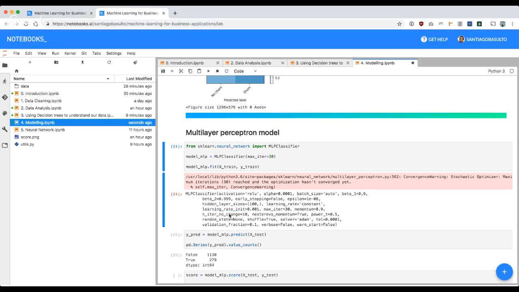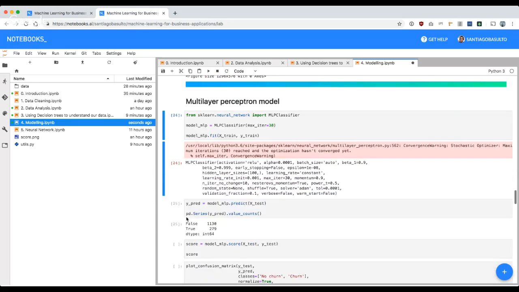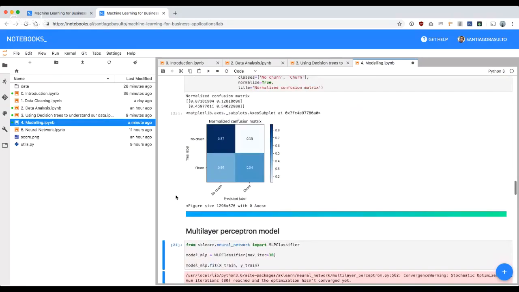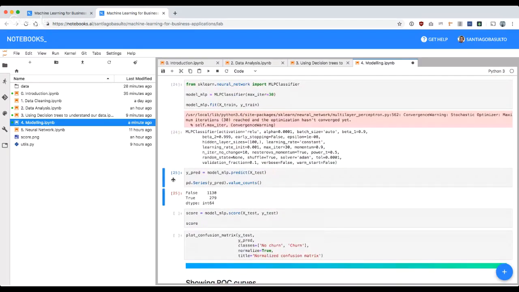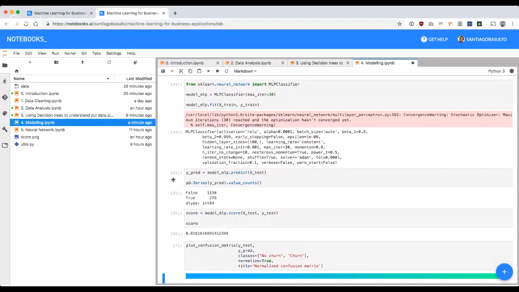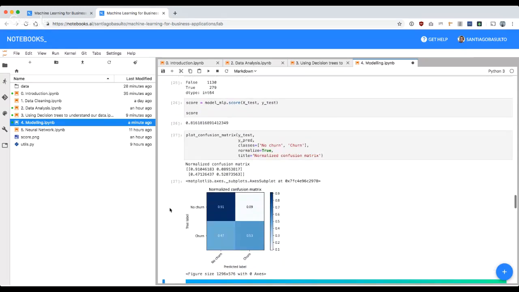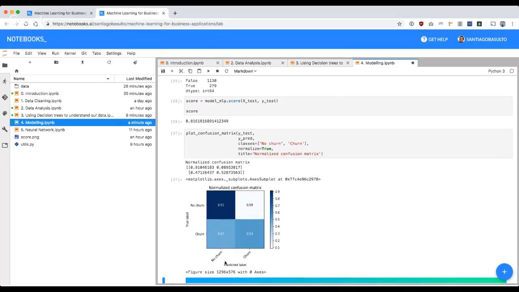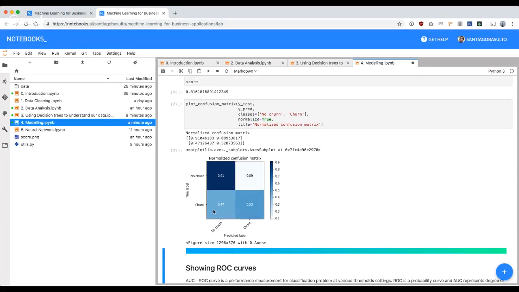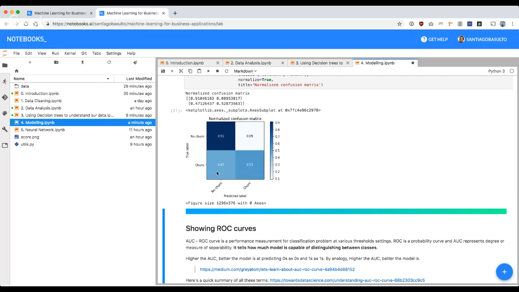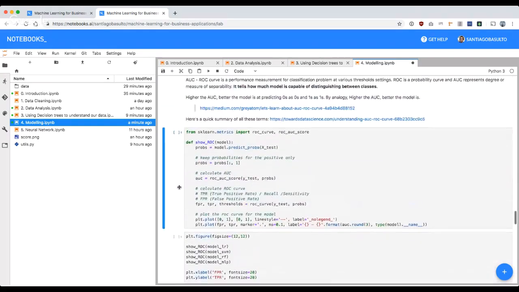All those things are important characteristics of a multi-layer perceptron model. The multi-layer perceptron model is a little bit better, but we're still having this big issue here with these false negatives. So let's take a second look at this problem and see how we can fix it.